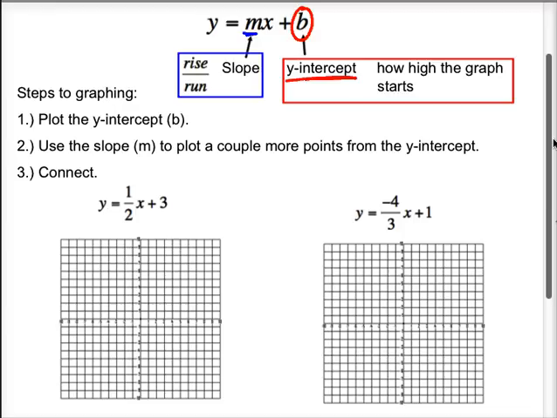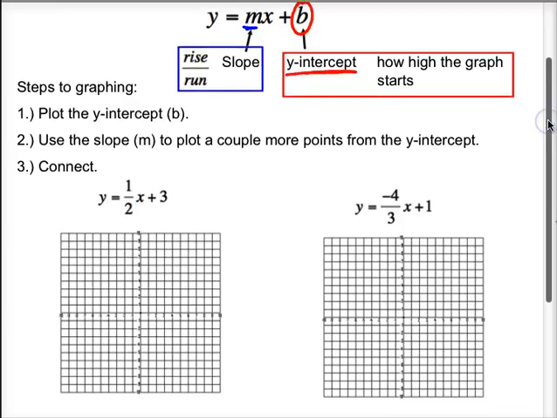That's showing you how the graph is changing. So in order to graph these properly, you want to start with the y-intercept. So for our first example, y equals 1/2 x plus 3. Well, we start up at that 3. That's our y-intercept. So that's where I'm going to start my graph, right there. And now my rise over run of 1/2.